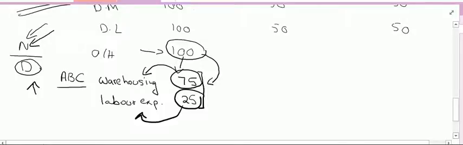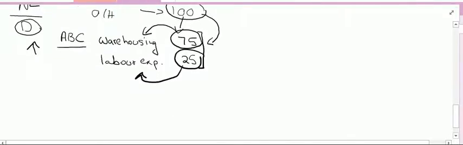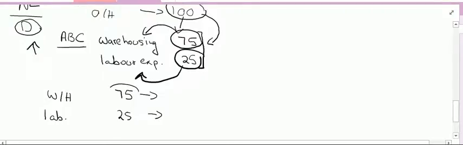Now for each sort of activity, for example warehousing, I know that I incurred overheads of 75, and for labor expenses 25. I will analyze what actually was the factor which led to these overheads.